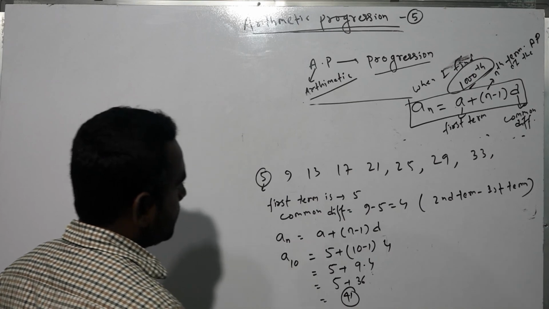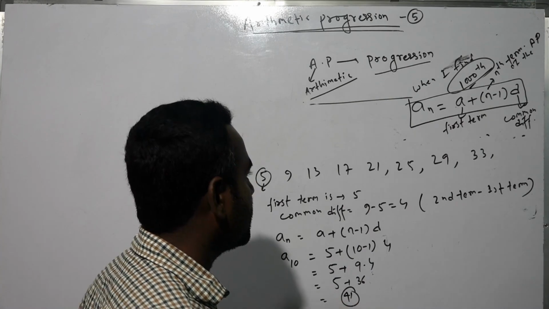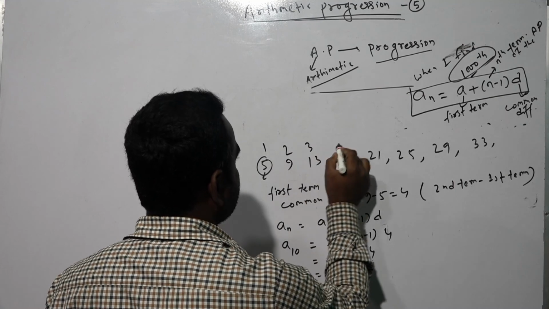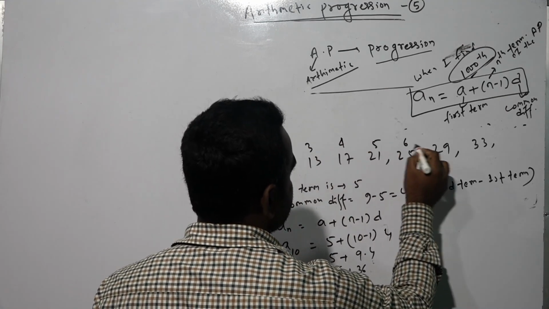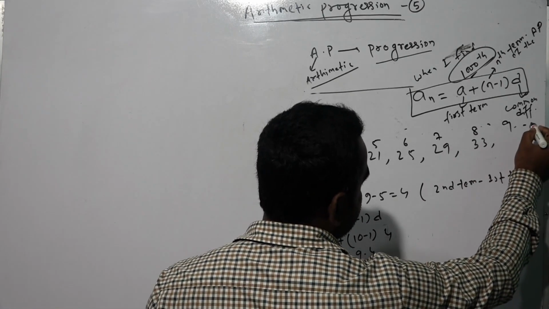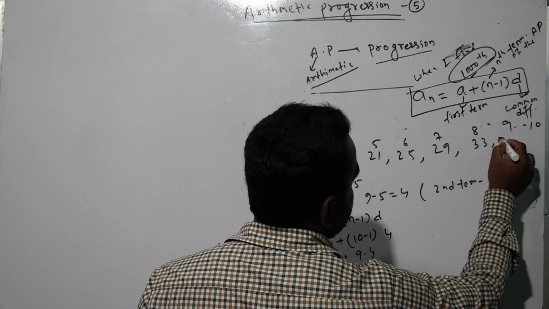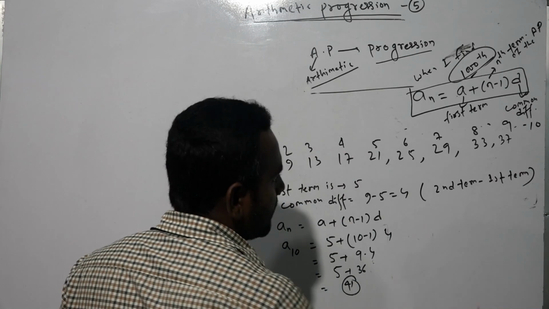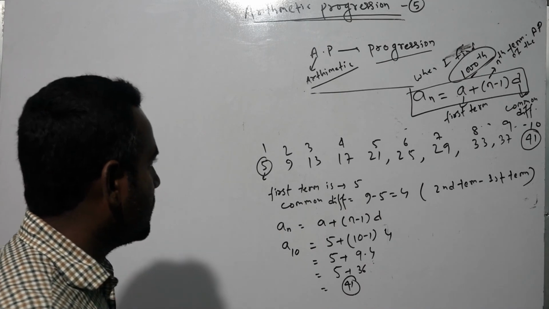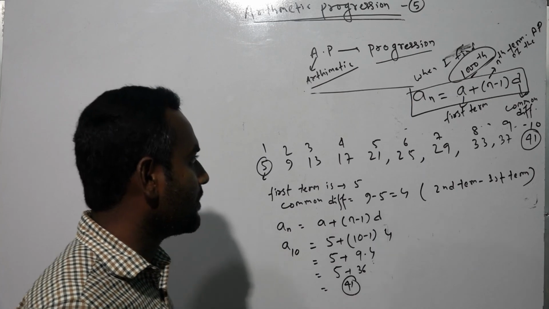Therefore the 10th term of the progression is 41. How? Counting 1, 2, 3, 4, 5, 6, 7, 8, 9, 10: the 9th term is 33, plus 4 is 37, and 37 plus 4 is 41. This is the answer for the nth term, that is, the 10th term.